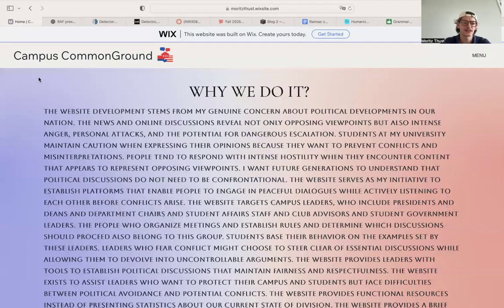The design of it is actually a gradient background, which turns from blue to white to red, obviously representing the American colors of the flag again.